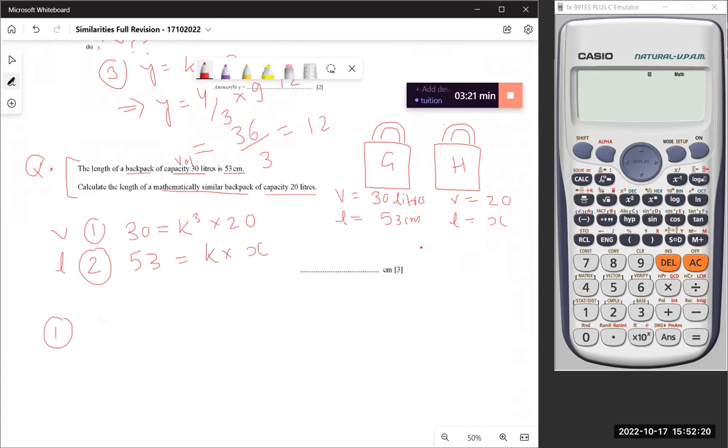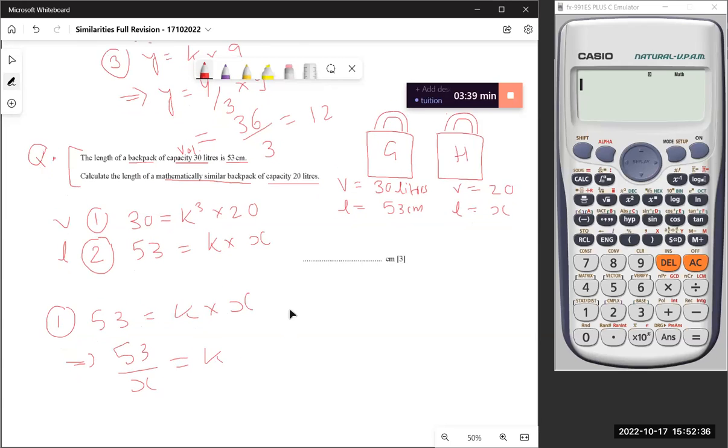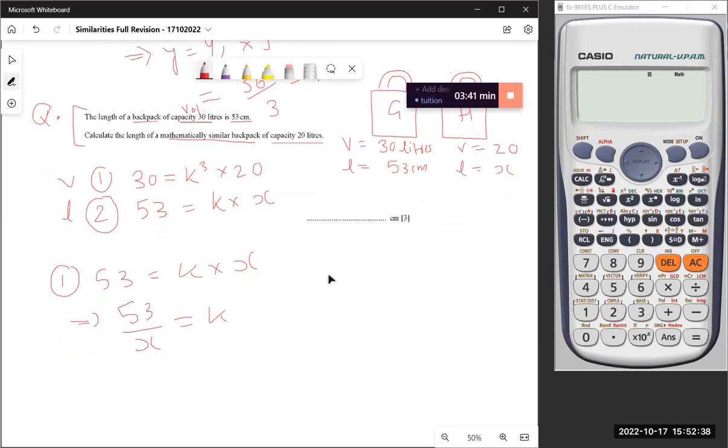Length. Fine. So length is 53 is equal to K into X. But if I take X to the other side, I don't know what X is. So I can't find the value for K.